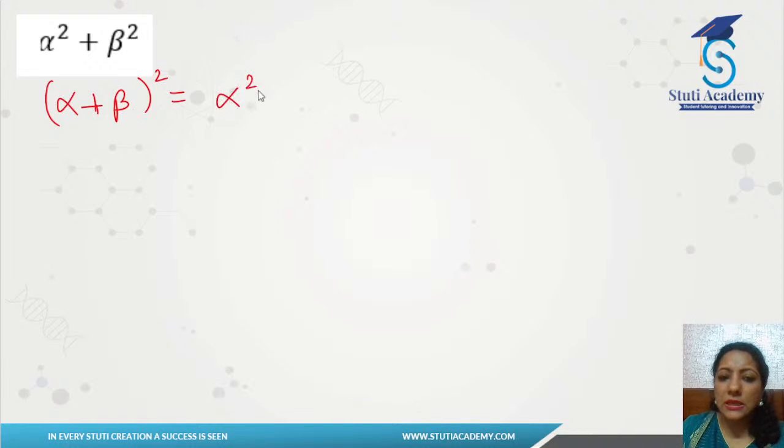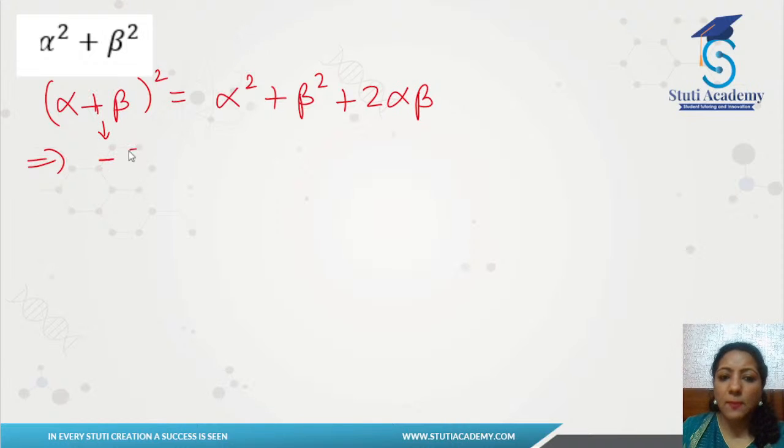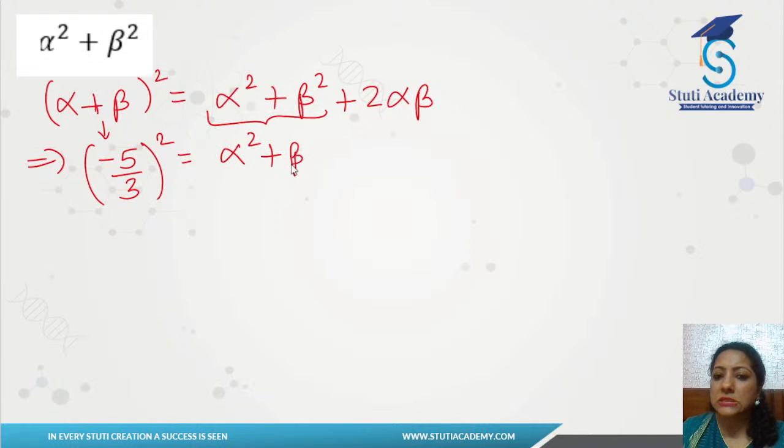That can be written as a square plus b square plus 2ab. Now alpha plus beta, let us solve for alpha plus beta. This is already done. Minus 5 upon 3. So I'm going to replace this by minus 5 upon 3 whole square. I don't know this value, I'll just write it as it is. This is what we need to solve for.